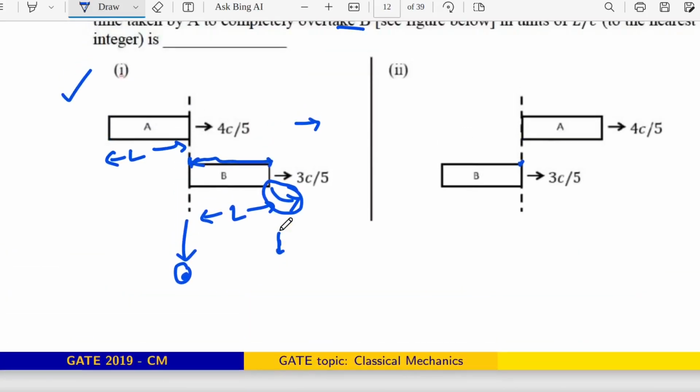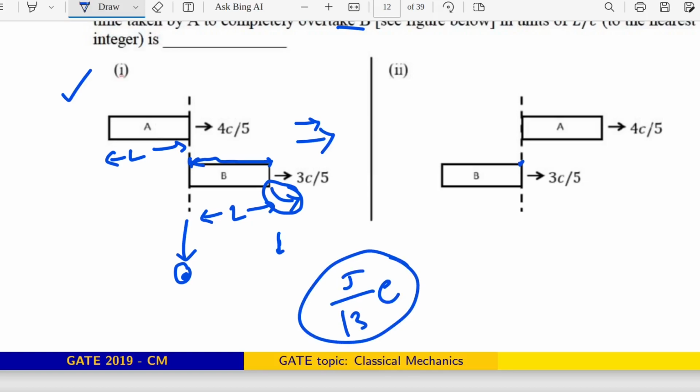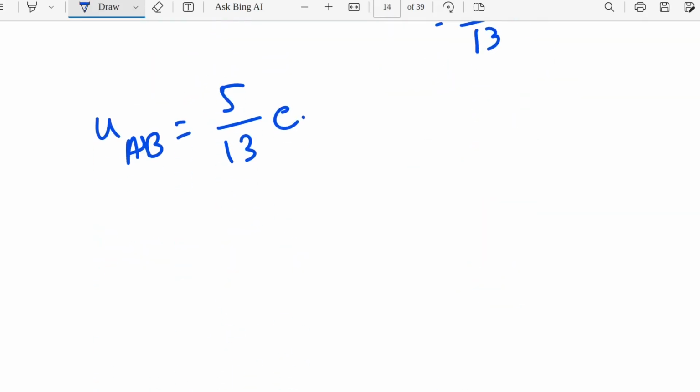By that relative velocity, A is moving. A is moving in this direction, B is also moving in this direction, but A is moving with the relative velocity 5 by 13 c in the positive x-axis compared to B. Now this is a relative velocity, but they are asking about the time in which A can fully overtake B. So UAB into T, relative velocity into T, is nothing but a distance.